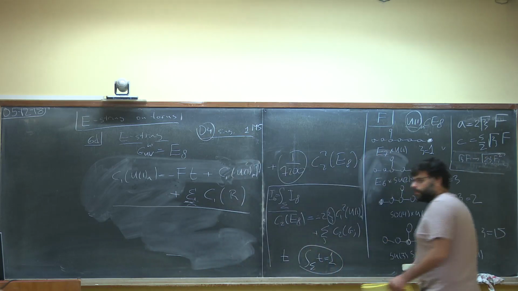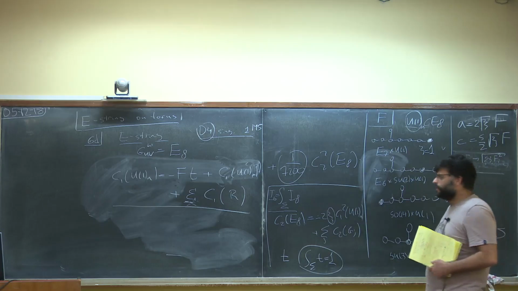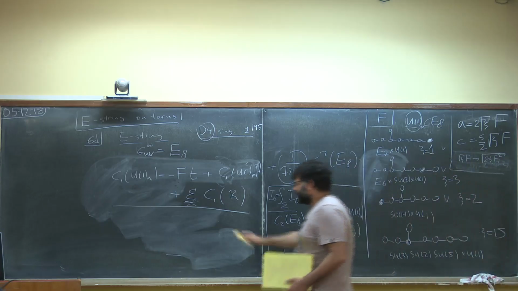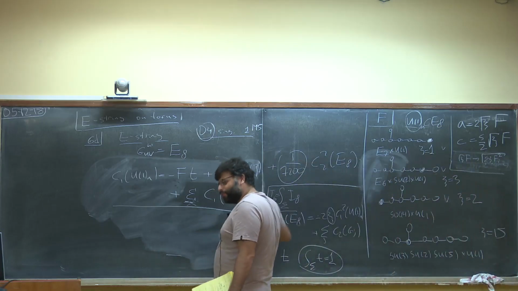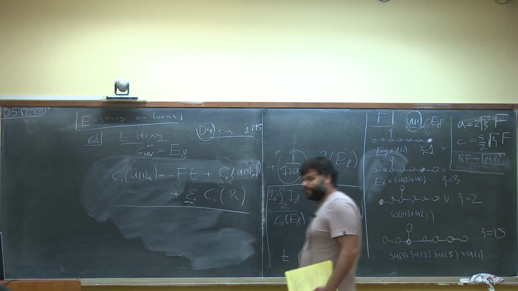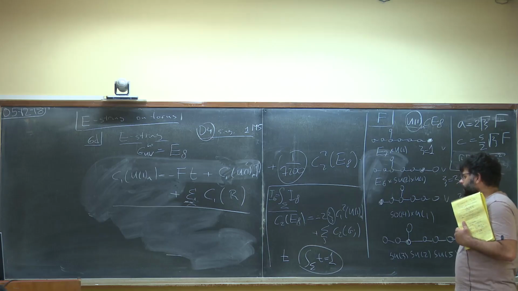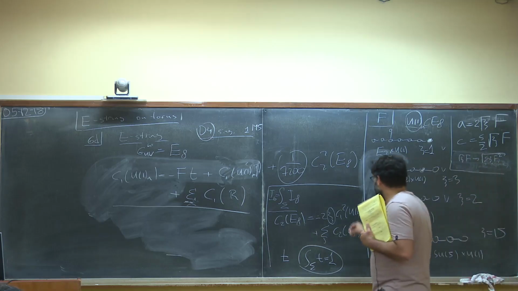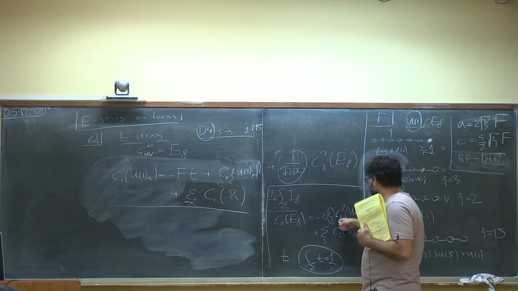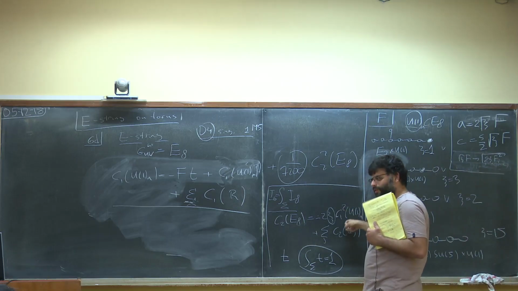Sorry, can I embarrass myself? C2 is trace F^4? Is that right? Yes, it's a thing with 4 indices that you integrate. And C1 is trace F, so C1 has 2 indices, and C1 squared will have 4 indices and so on.